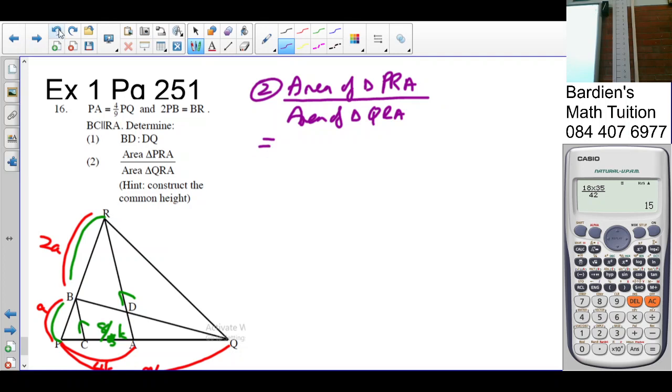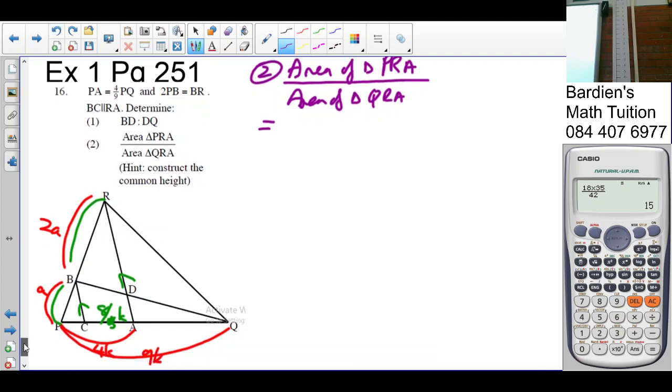So the area of triangle PRA over the area of triangle QRA.